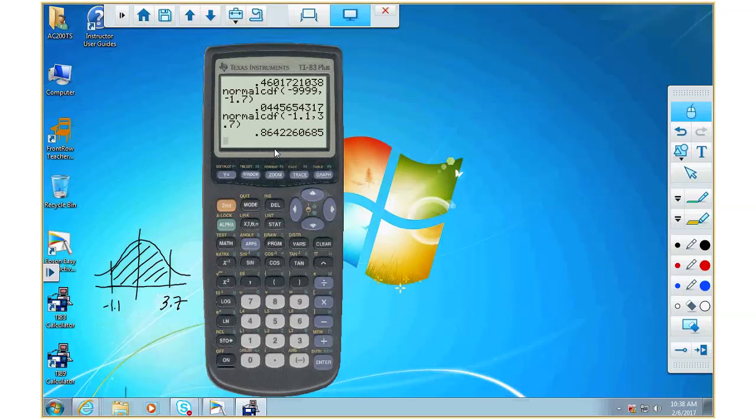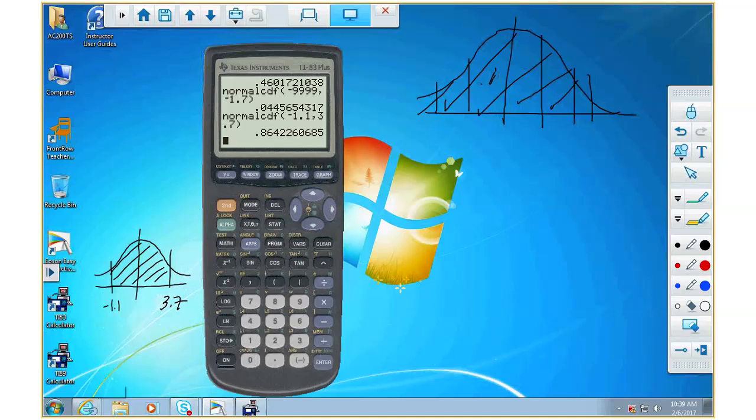All right, now, what if you want to find this? I want to find the z-score that represents the 87th percentile. So that means that this area to the left is 0.8700. And I want to find this z-score right there. And all they give me is an area.